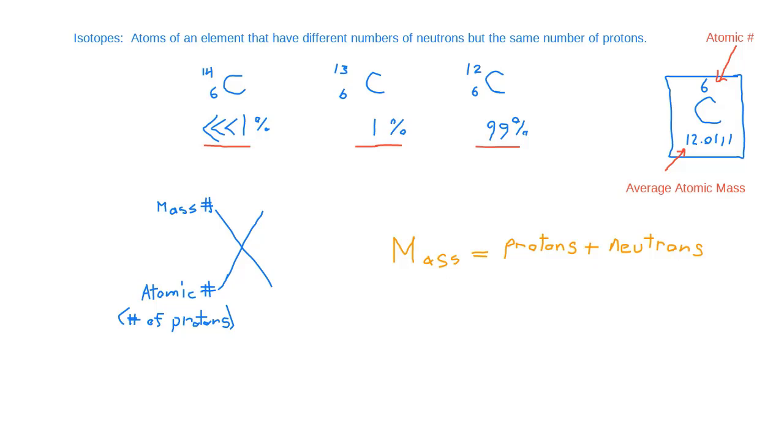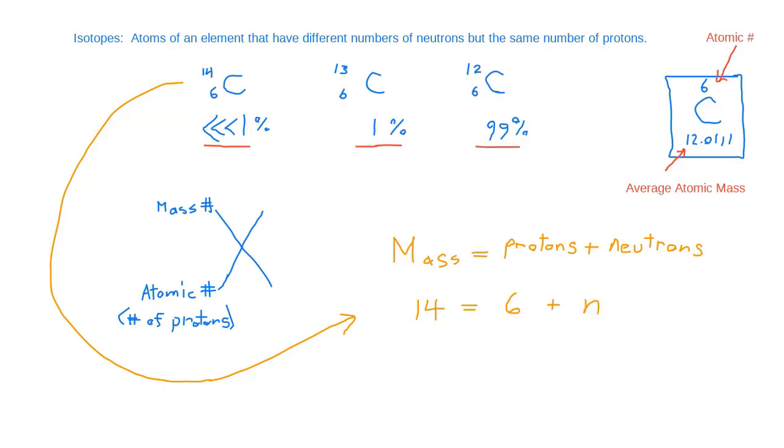So for example, if I'm looking at carbon 14 now, I know the mass is 14. If I want to solve for the number of neutrons there, I could simply say, okay, well, it's 14 for the mass. The protons is 6 because the atomic number of carbon is always 6. I have to figure out what the neutrons are. I'll just put N for the symbol there. Well, that's pretty easy to do.